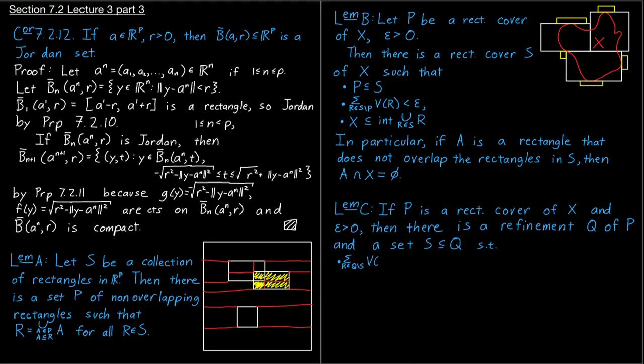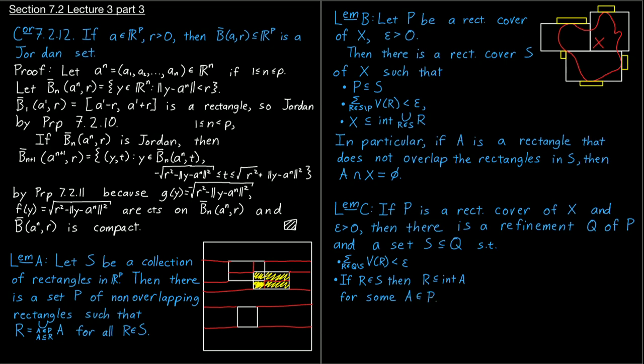Almost all of the volume is in our set S. The leftovers have volume at most epsilon. And also if R is in S, then R is contained in the interior of A for some rectangle A in our original cover.